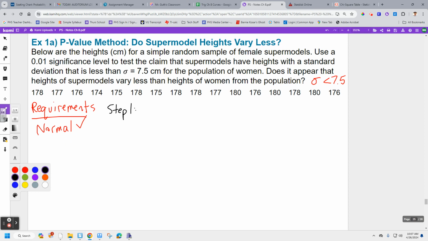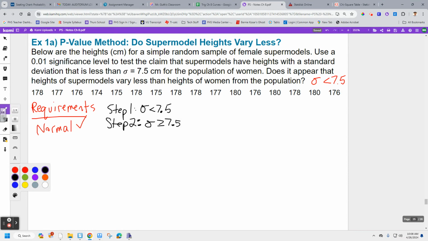Step 1 was just give me the symbolic statement, and we're talking about the standard deviation being less than 7.5. Step 2, give me kind of the opposite of that statement, sigma greater than or equal to 7.5.